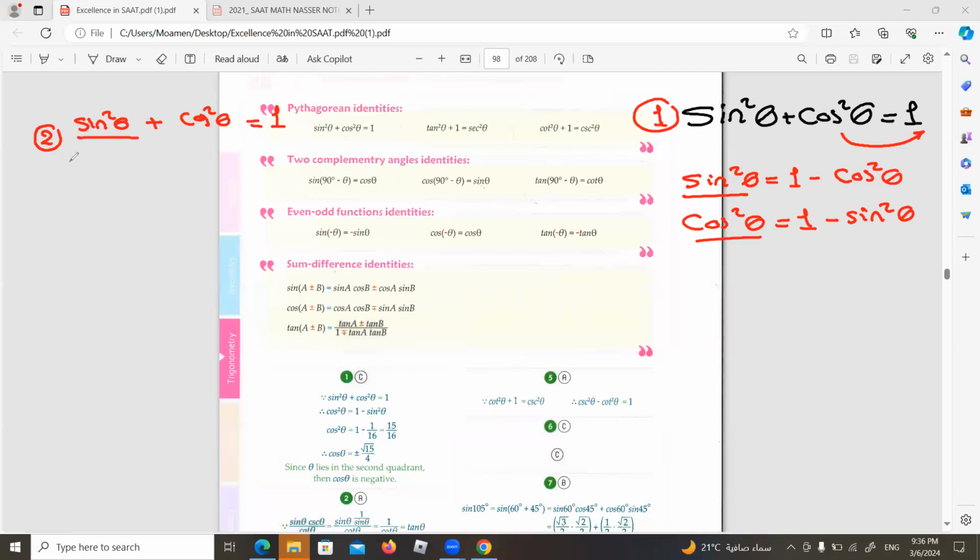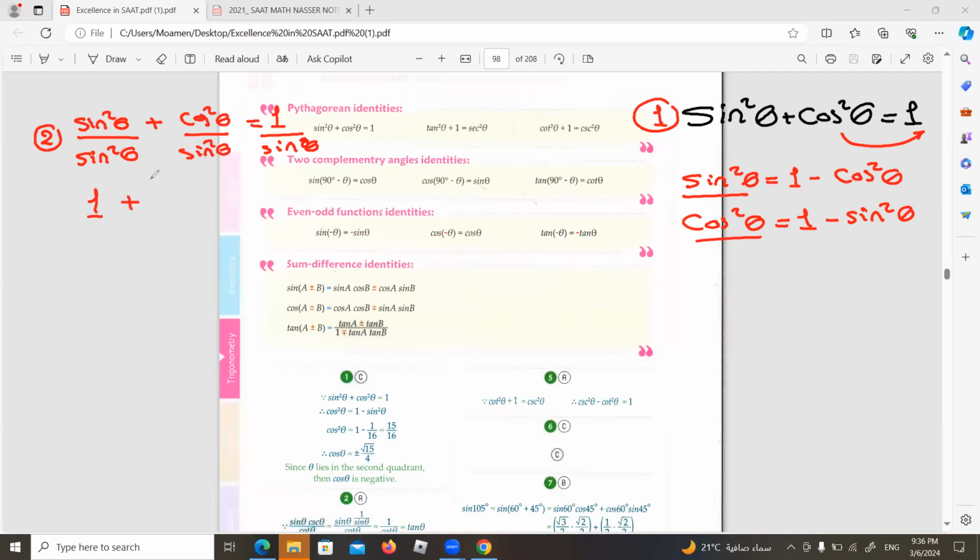I'll divide the whole equation by sine squared. So sine squared theta over sine squared theta, any number over itself is equal to 1, plus cosine squared over sine squared.